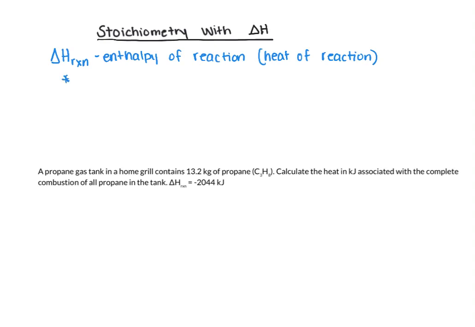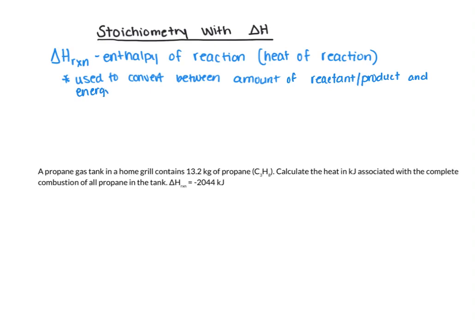So the important information to gain from that is it's used to convert between amount of reactant or product and energy, and it represents the amount of energy absorbed or released in that reaction.